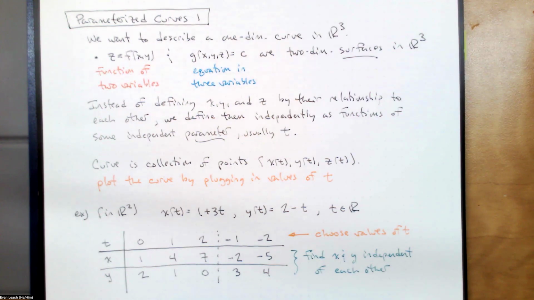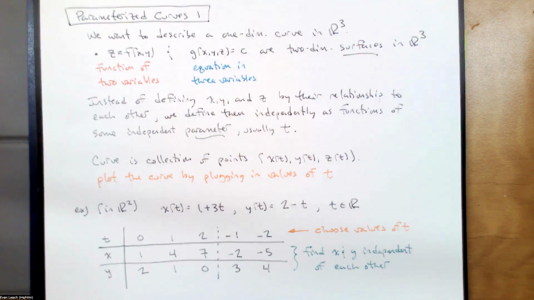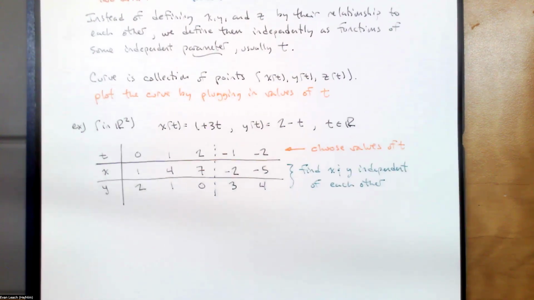We're not choosing x and finding y or choosing y and finding x. X and y are determined by t. Unsurprisingly, we are creating a line when we do this.